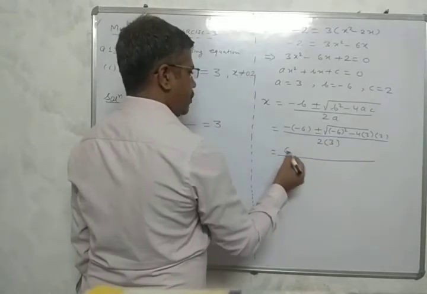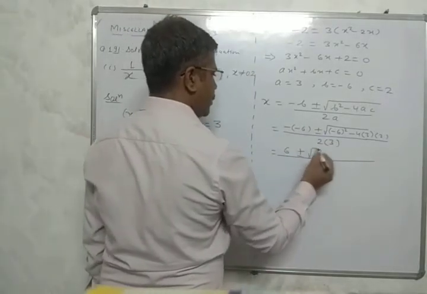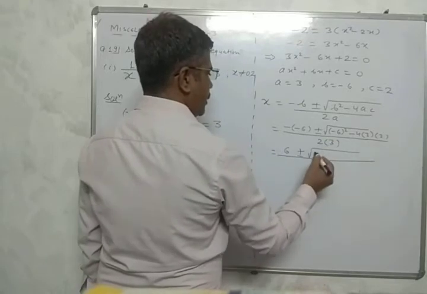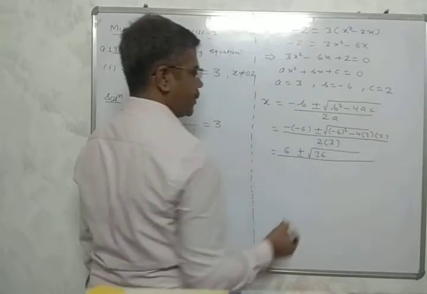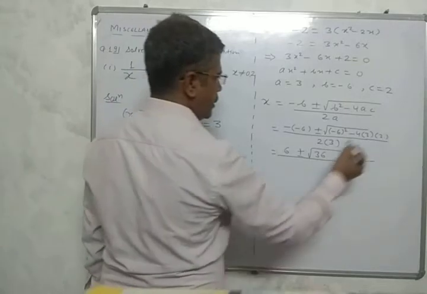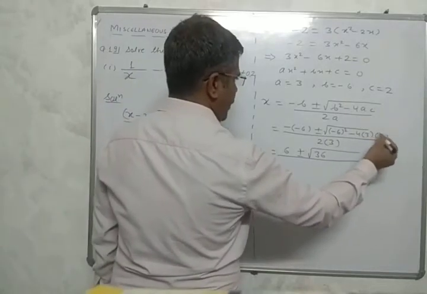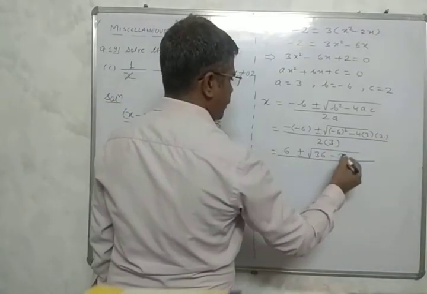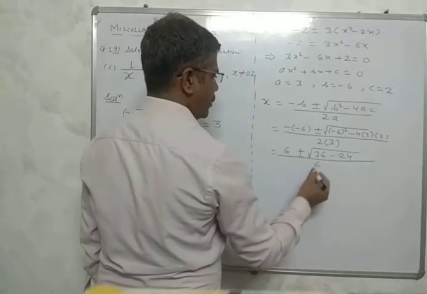Minus into minus plus, plus minus under root of 36, 4 3s are 12, 12 2s are 24 upon 6.